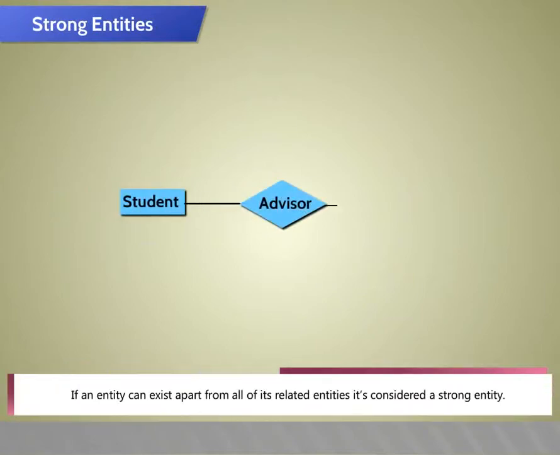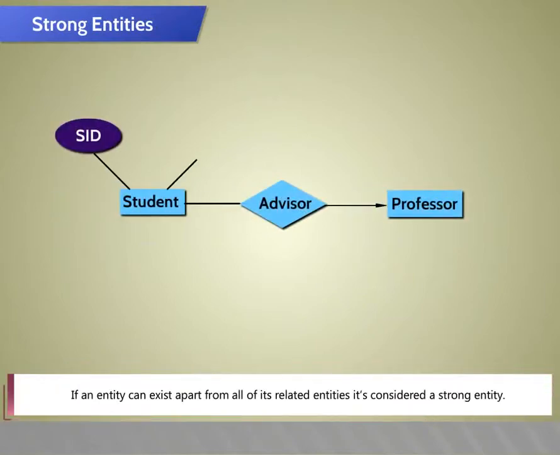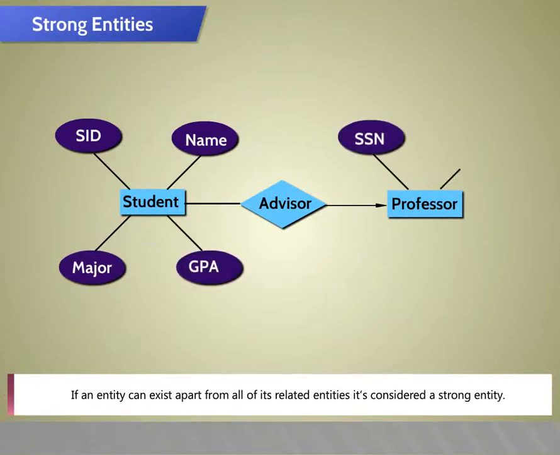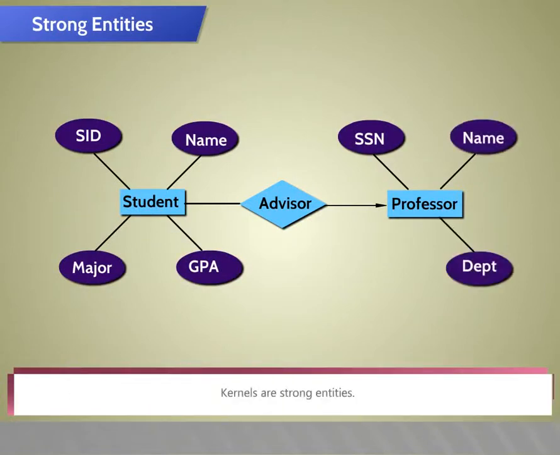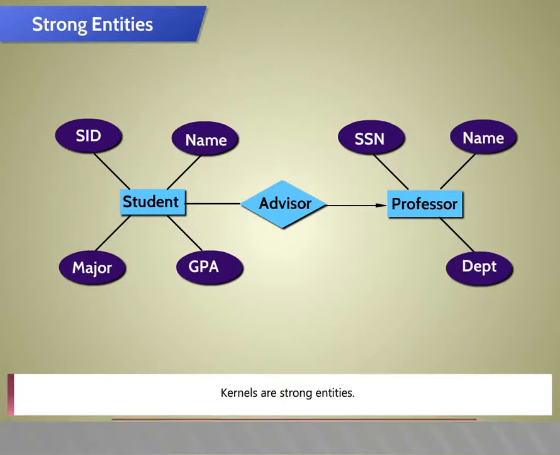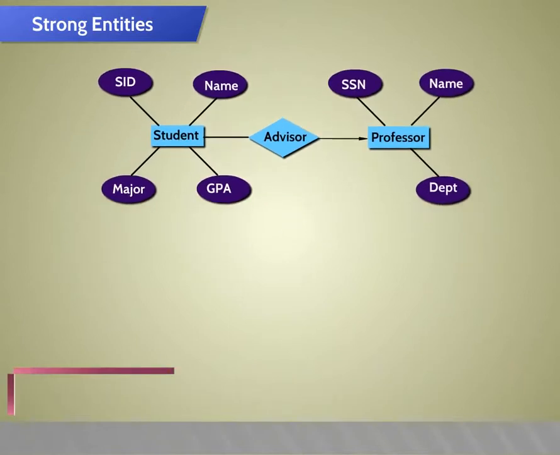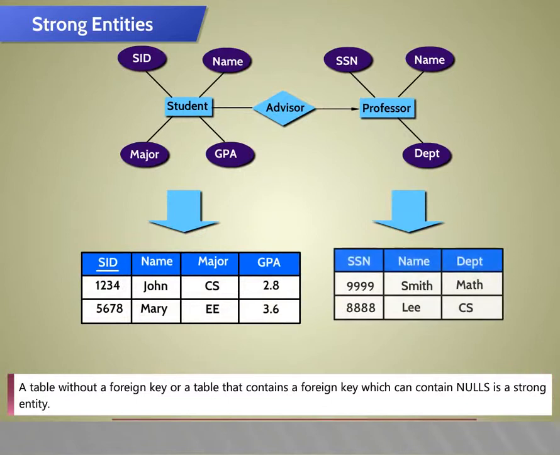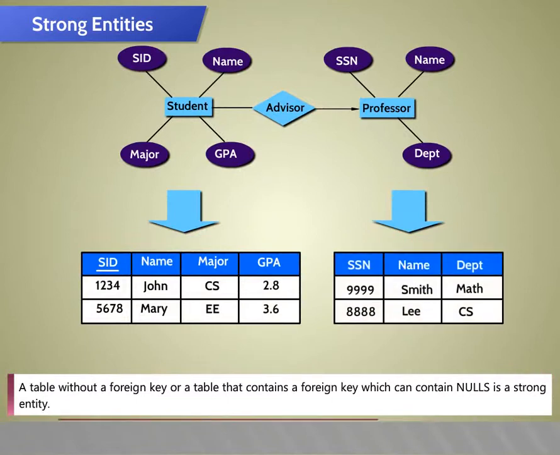Strong entities. If an entity can exist apart from all of its related entities, it's considered a strong entity. Kernels are strong entities. A table without a foreign key, or a table that contains a foreign key which can contain nulls, is a strong entity.